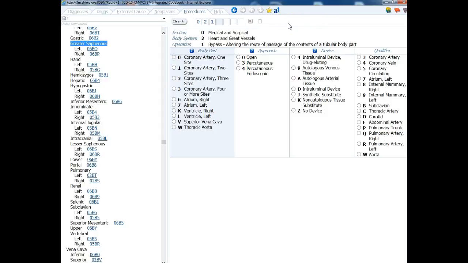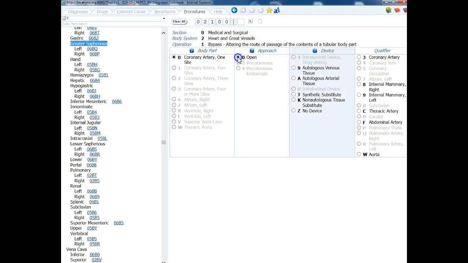And I'll repeat those again. 021093. And actually, that would not be a 3, that would be a W. We don't want coronary, we want aortocoronary. I apologize for that. That's coronary artery, one site, open, autologous venous tissue, and aorta. I apologize for that.